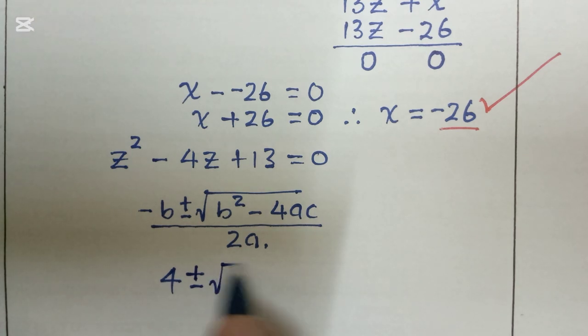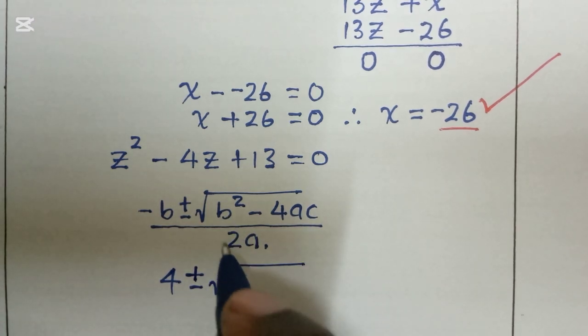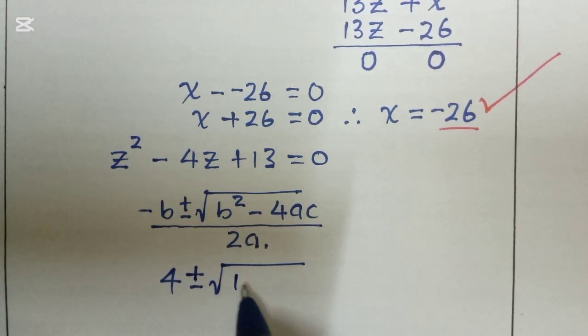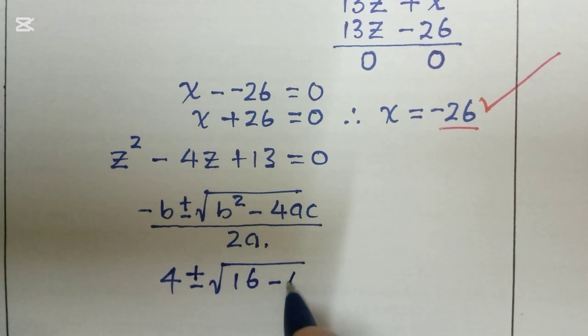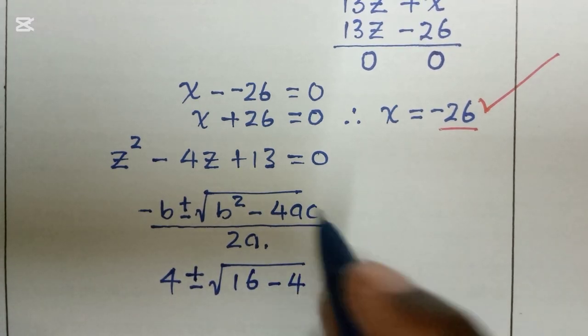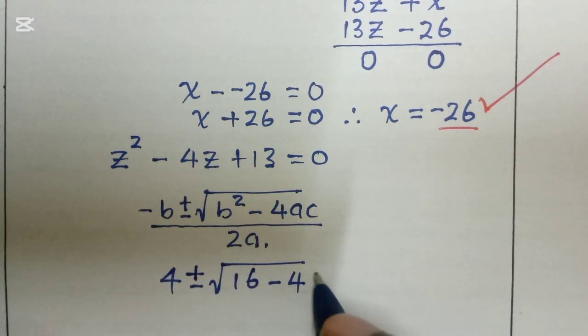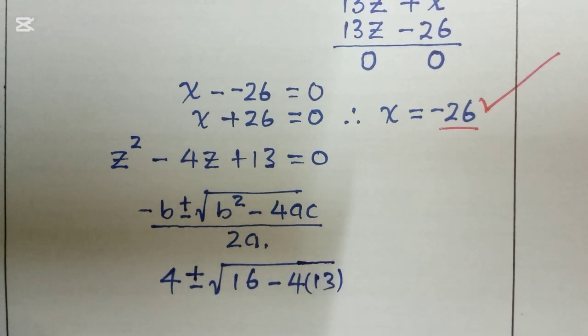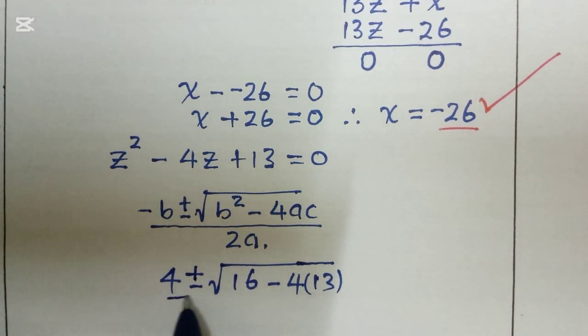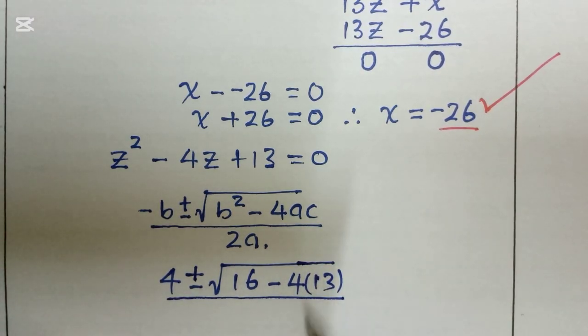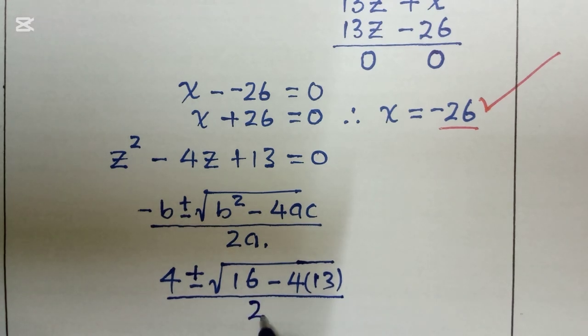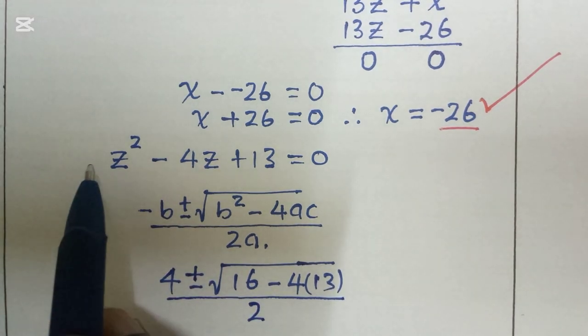square root of b squared, which is now 16, minus 4. A is 1 and C is 13. So we shall have that, guys, divide by 2, because our A here is 1.